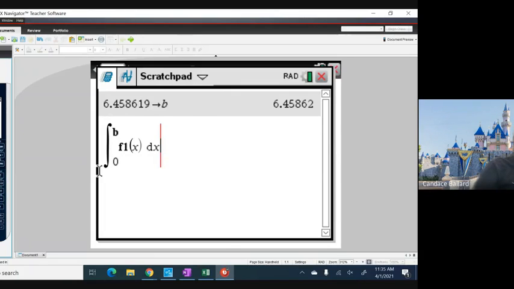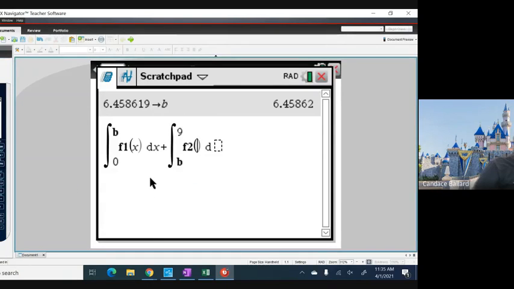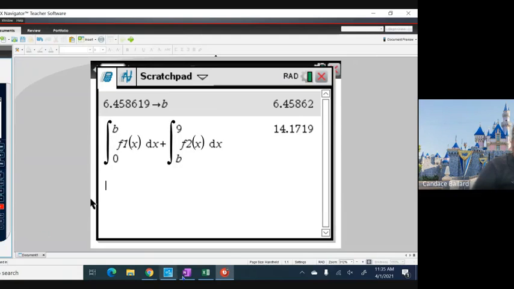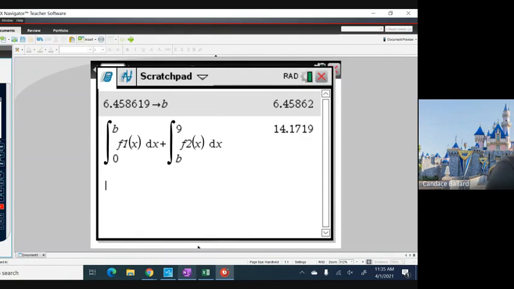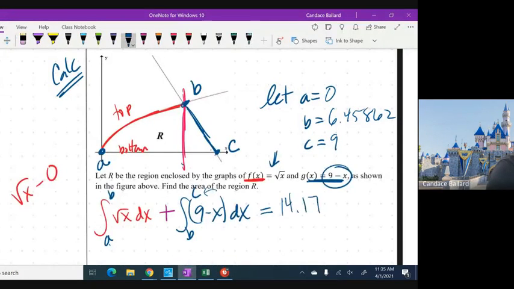I'm going to arrow over to the big plus, Shift plus, B to 9. And then this was the second graph, var F2 of x dx. We're going to hit enter. All right, so 14.1719.